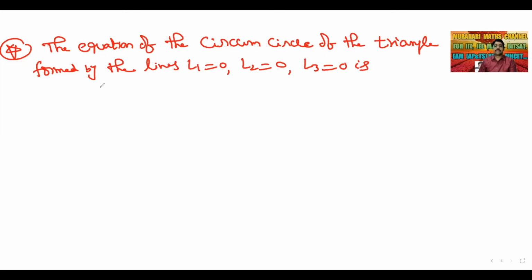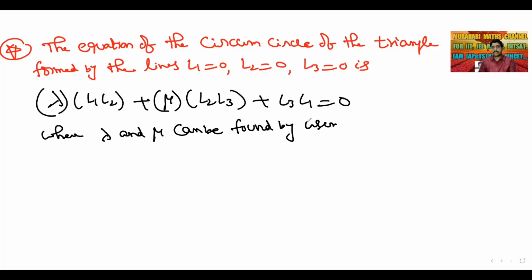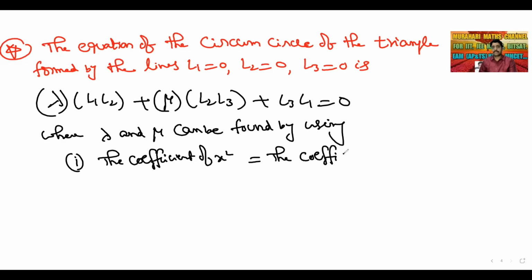So this is the most important formula: λ times L1L2 + μ times L2L3 + L3L1 = 0, where λ and μ can be found by using the first point: the coefficient of x² is equal to the coefficient of y², and the coefficient of xy is equal to 0.